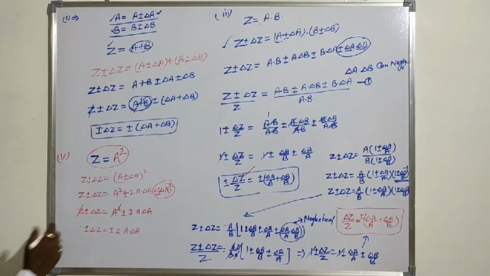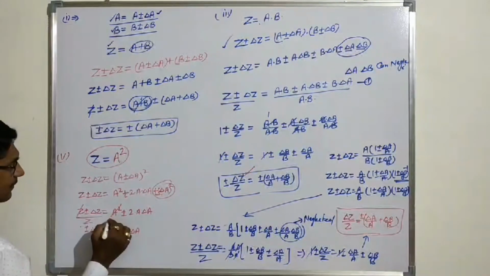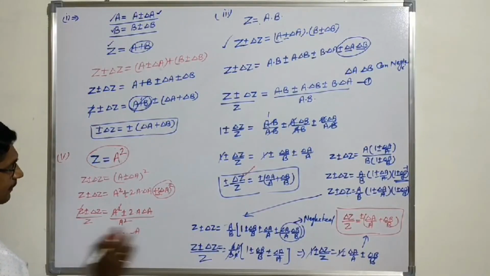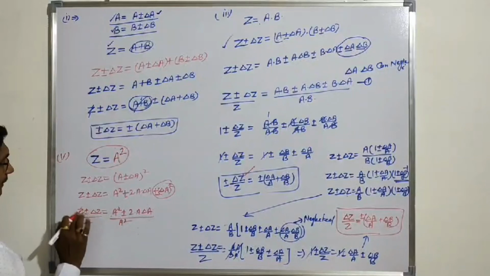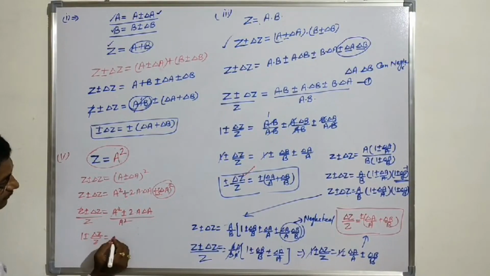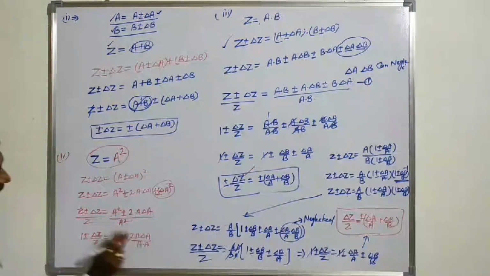We can divide by z. So 1 plus or minus del z upon z is equal to a square, a square cancel, 1 plus or minus 2a del a upon a into a square.